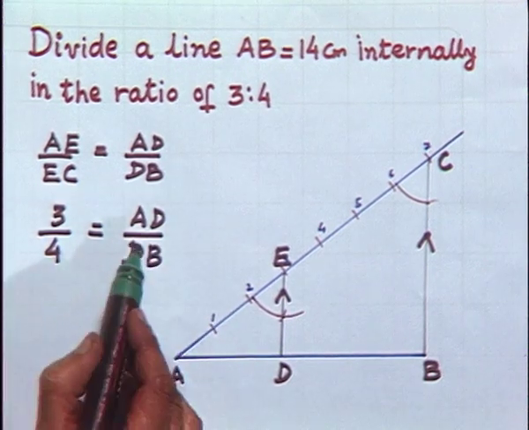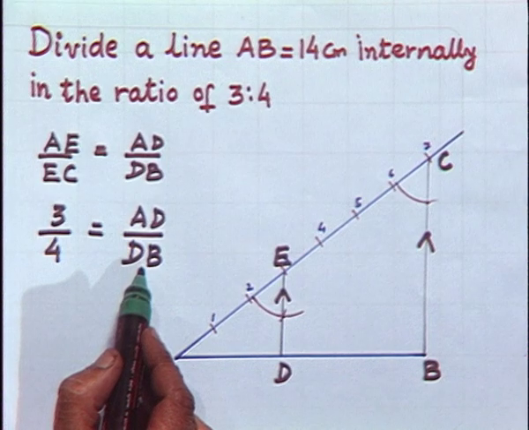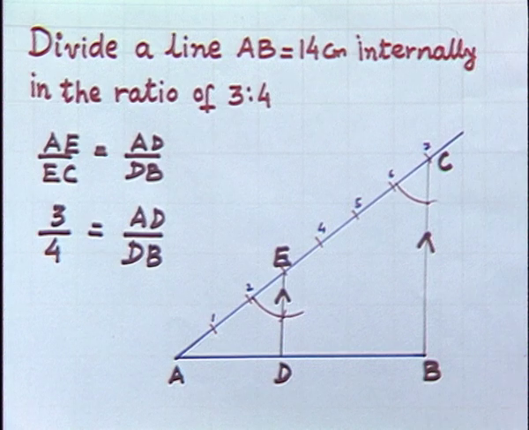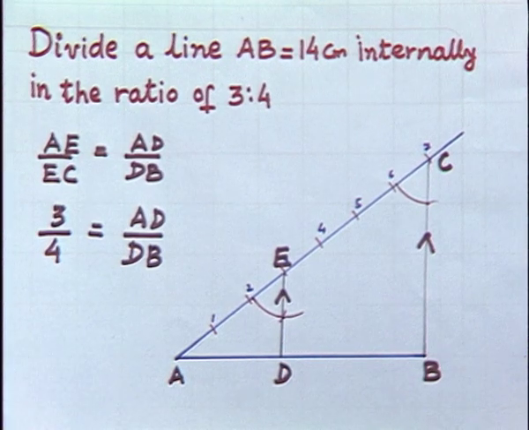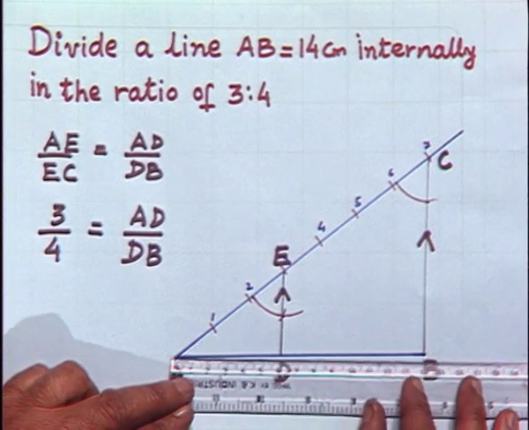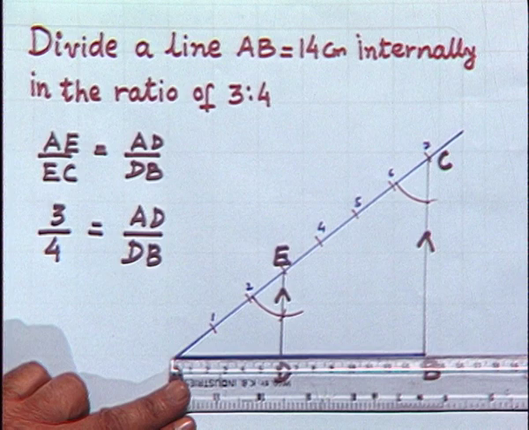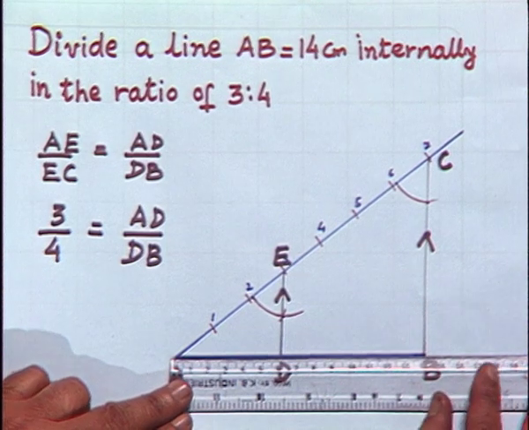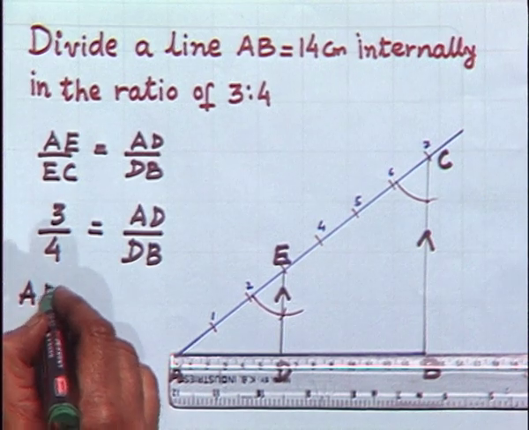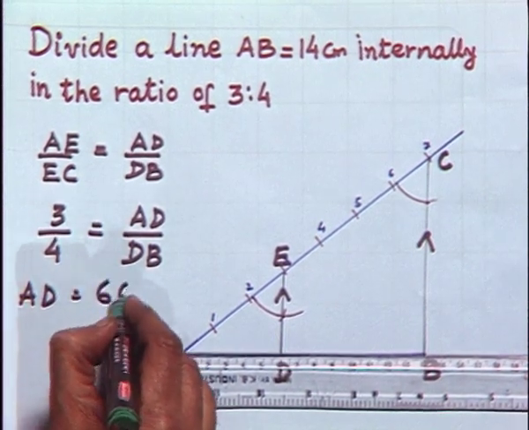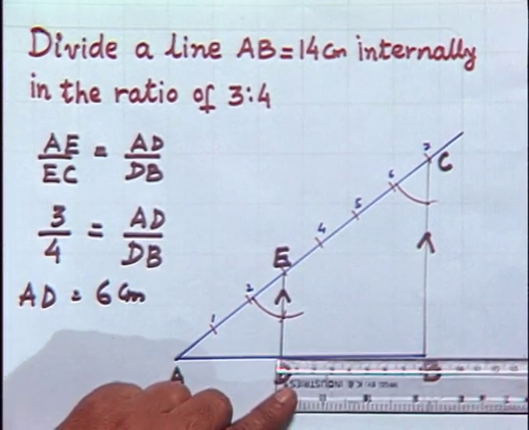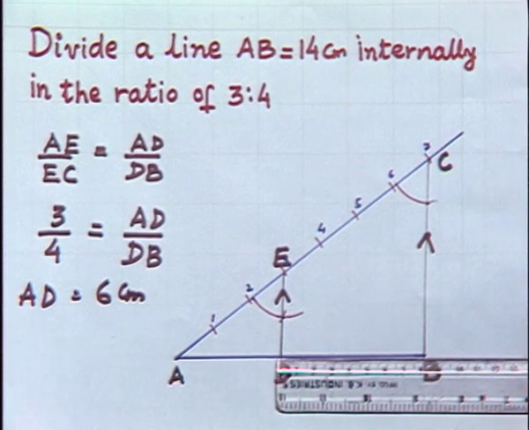So, we can see that the ratio of the length AD to DB is nothing else but 3 is to 4. Let us verify this by actually measuring the lengths AD and DB. The length AD by actual measurement is 6 centimeters, and let us see the length DB, this is 8 centimeters.